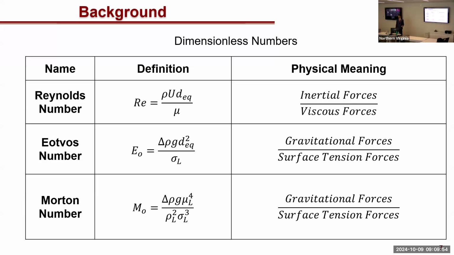The Morton number is very similar to the Eötvös number, but it doesn't take into consideration the bubble geometry. So again, it's the gravitational forces of the system divided by the surface tension forces in the system. So we can define these 3 dimensionless numbers knowing the properties of the fluid in the molten salt reactor and the size of the bubbles in that reactor.